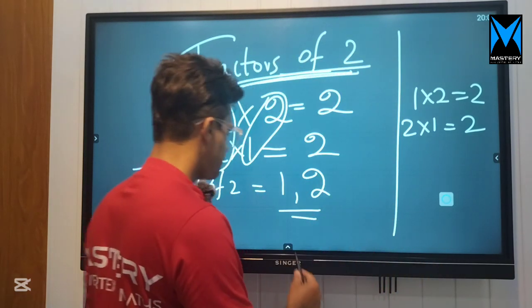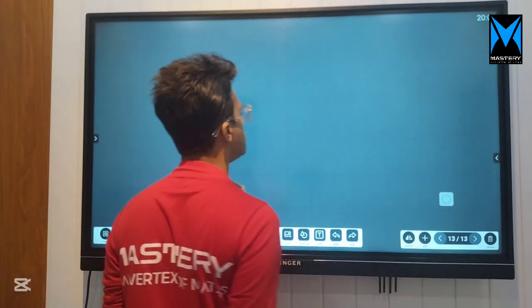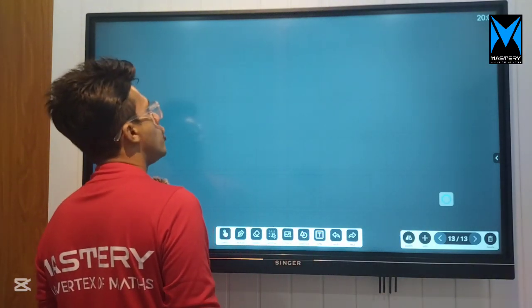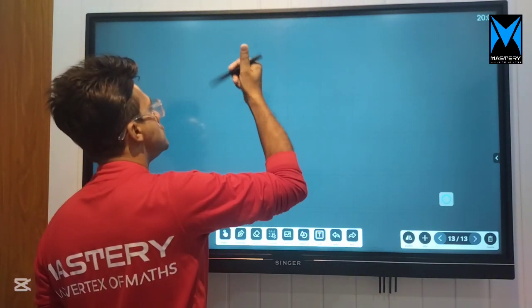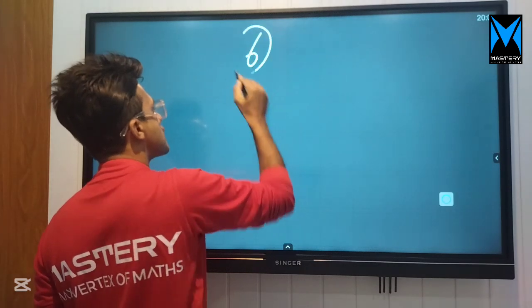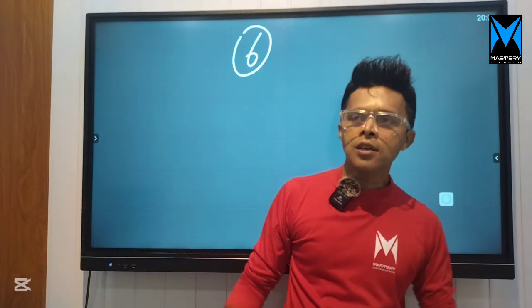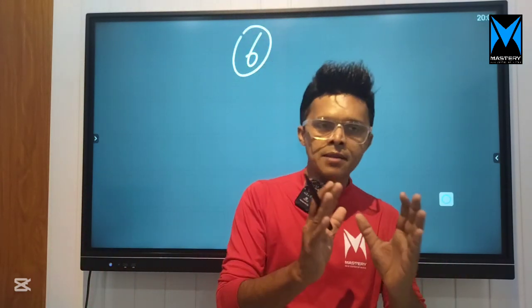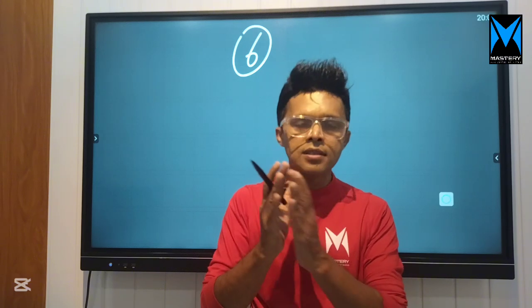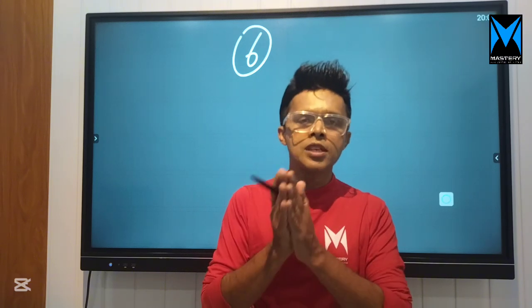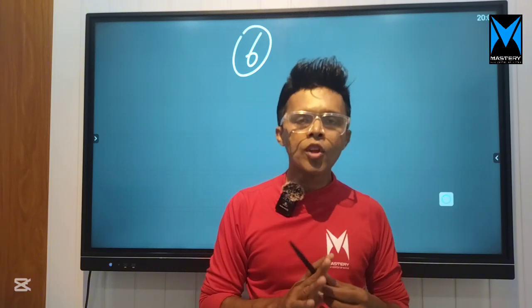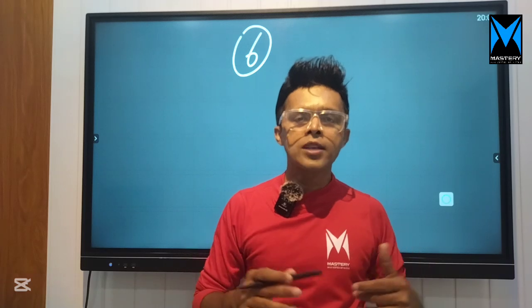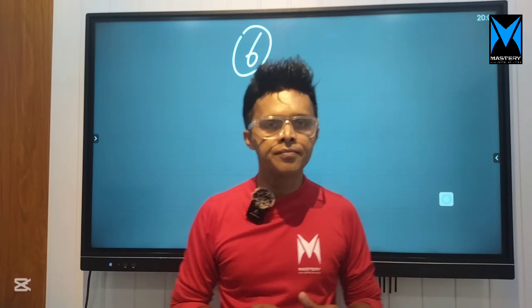So let's take the factors of 6. Think of the ways that can be considered, that when you consider these products, you should have the ability of getting 6.